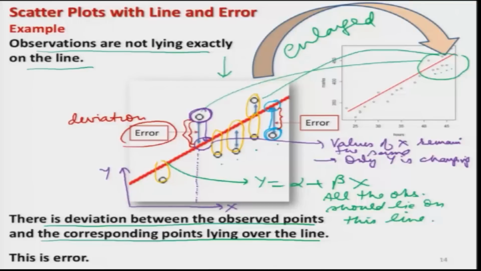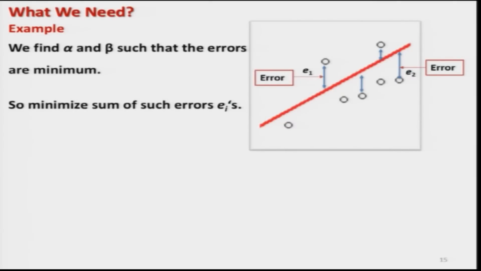Why is y changing? You can see here, one is this y and another is this y. So this is essentially called error. Now we would like to find the values of alpha and beta such that these errors are minimum.